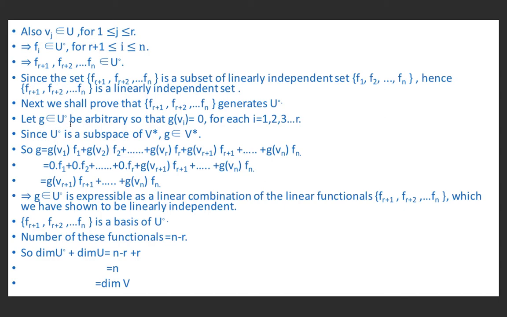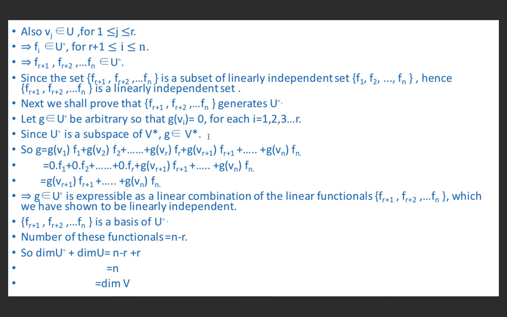Let g belong to U dot be arbitrary, so that g(vi) equal to 0 for i equal to 1 to r. U dot is a subspace of V star, and g belongs to U dot, it means g also belongs to V star.